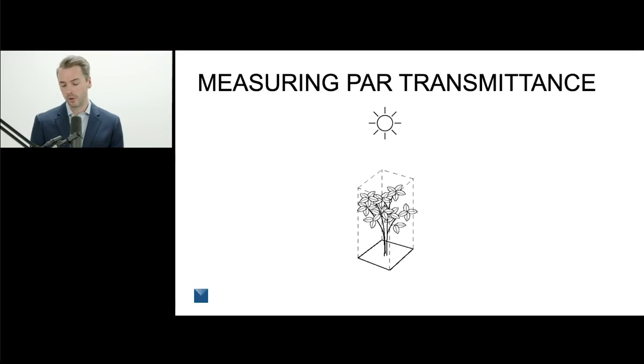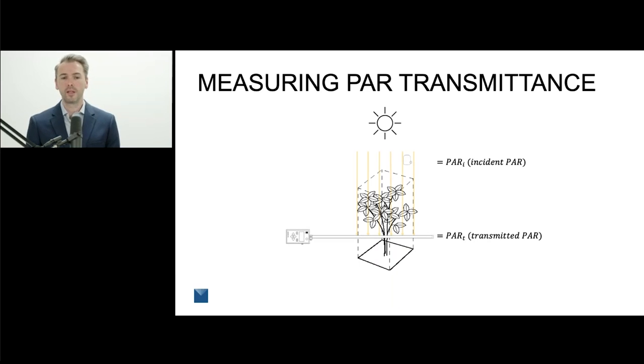So going back to our idealized plant canopy here, as the sun's rays are moving through that canopy and being transmitted down to the below canopy space, we need something there that can measure that transmitted light. In this case, I'm showing you that with what's called a septometer, which has a giant sensing wand that has a whole bunch of PAR sensors on it.